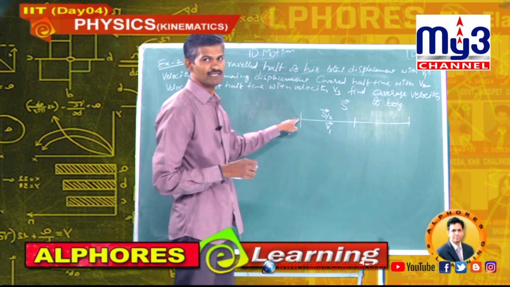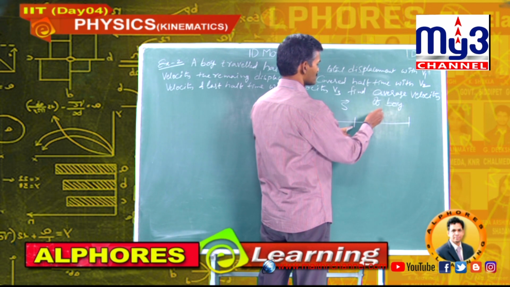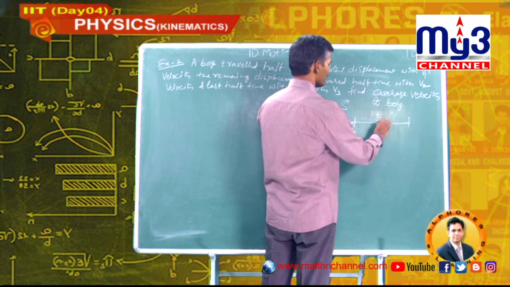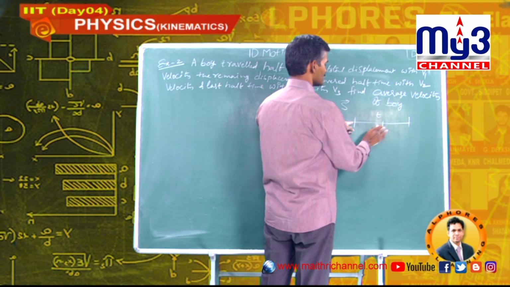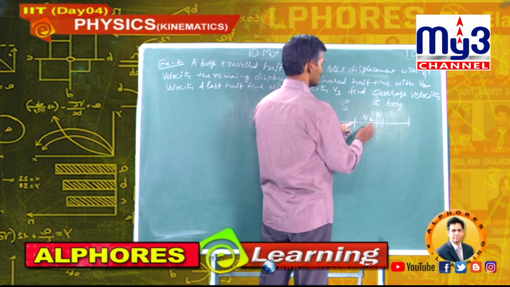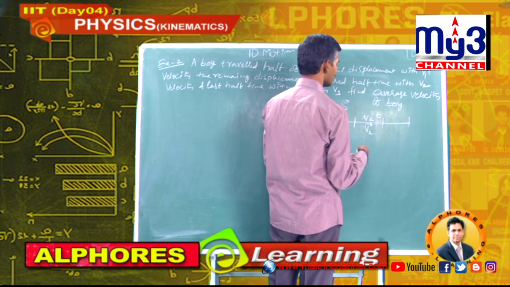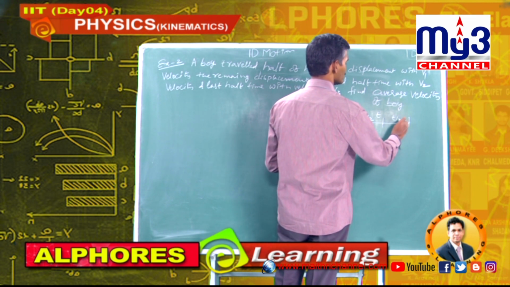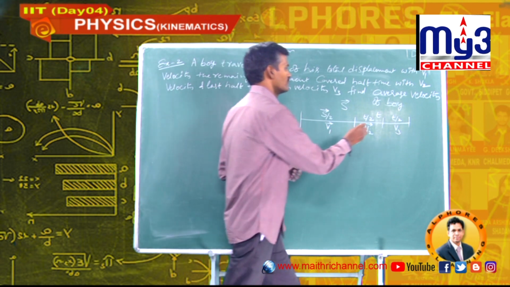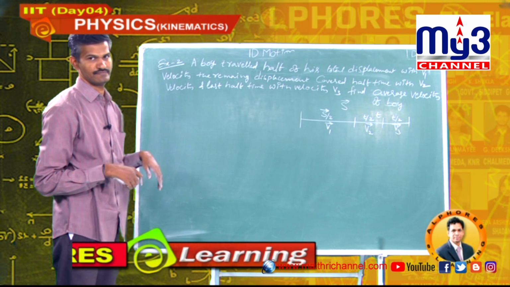For the remaining half, suppose the total time taken for this journey is some t, half of this time, t by 2, with velocity v2 bar, and the remaining half of the time, t by 2, with velocity v3 bar. Now we have to calculate the average velocity for this total journey.